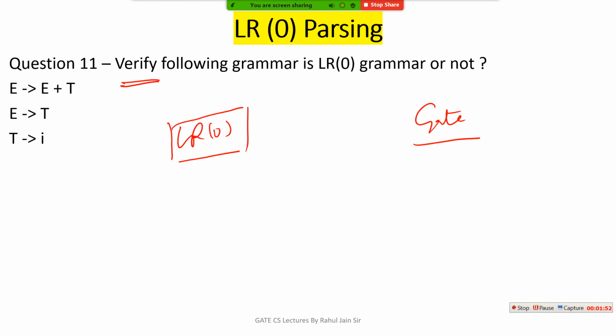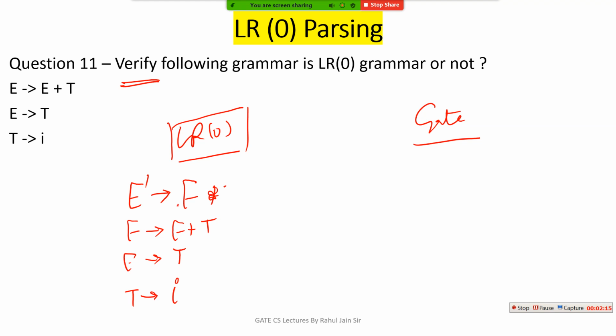So that you can get the concepts once again, what is the initial procedure? The initial procedure is to add the augmented grammar. So we add E' derives E, then E derives E plus T, E derives T, and T derives i.